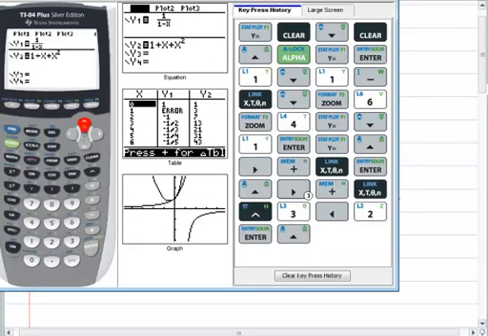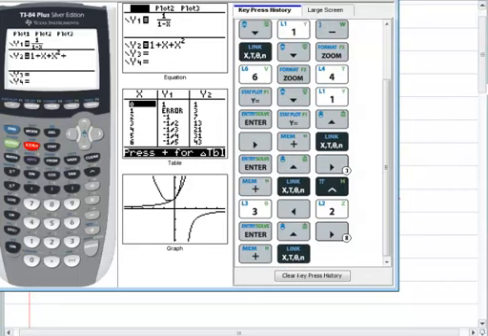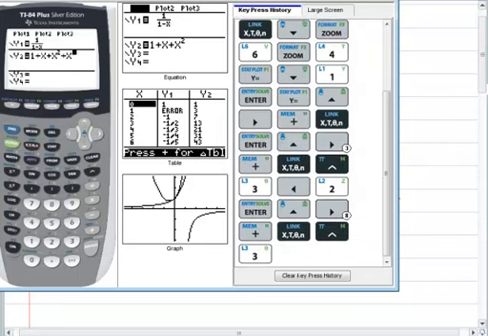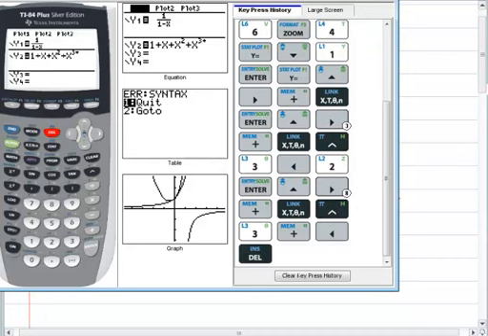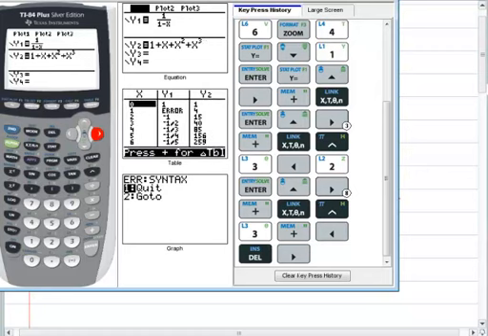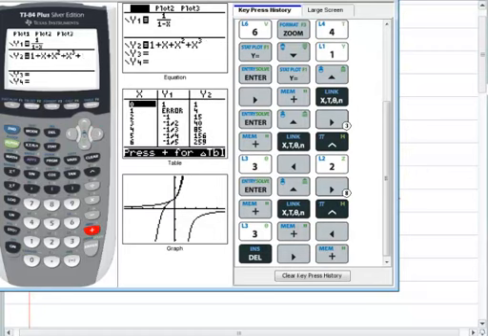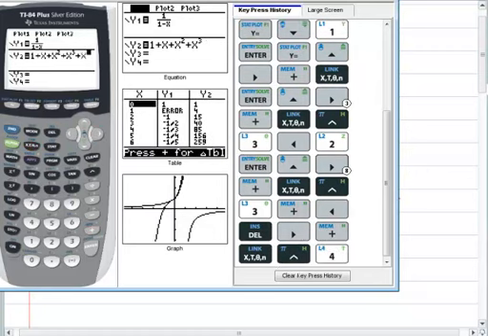As I keep increasing the number of terms, it looks as if the fit gets better and better. So I'll do x cubed, and I'll add x to the fourth, and we'll just examine how good the fit is.